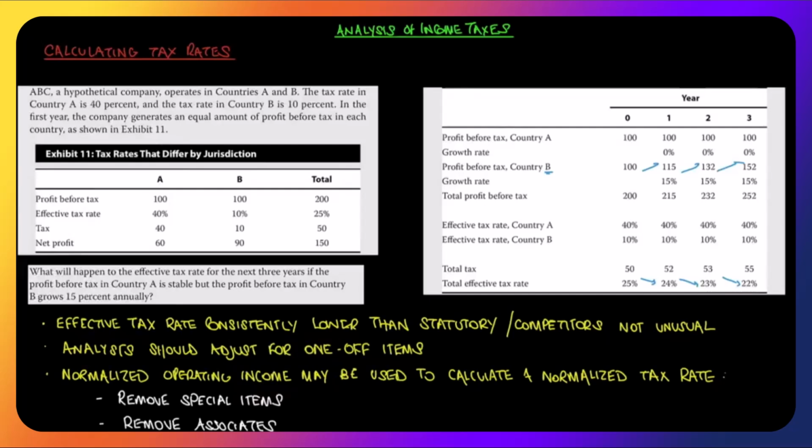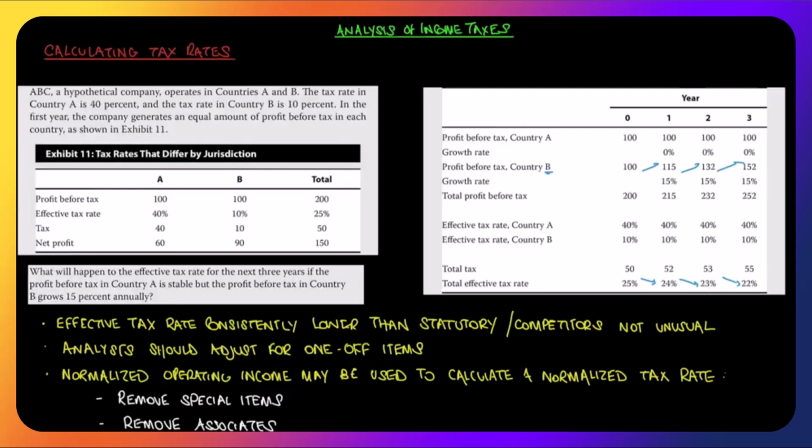If the effective tax rate is consistently lower than statutory tax rates or your competitors, that's not unusual. Tax avoidance does get a lot of press, but there is a lot of scope for tax planning before you get to tax avoidance. And effective tax planning can bring and should bring your effective tax rate down below your statutory rate. How far below and how much further below than your competitors depends on how good your tax planning is.